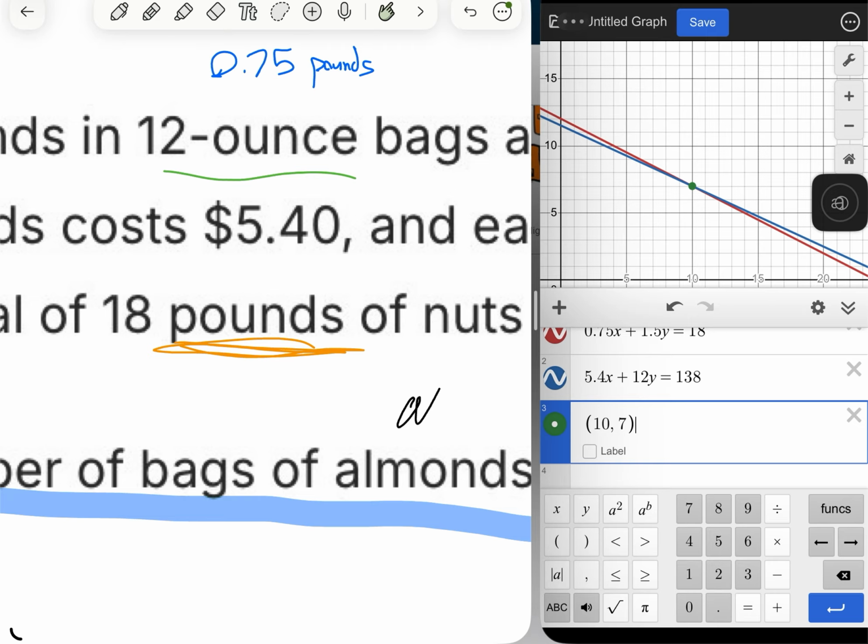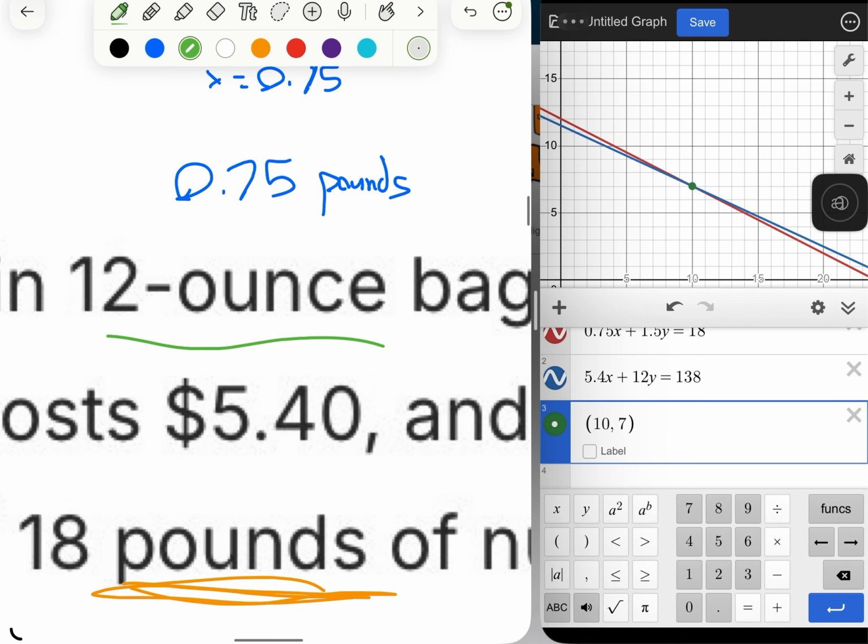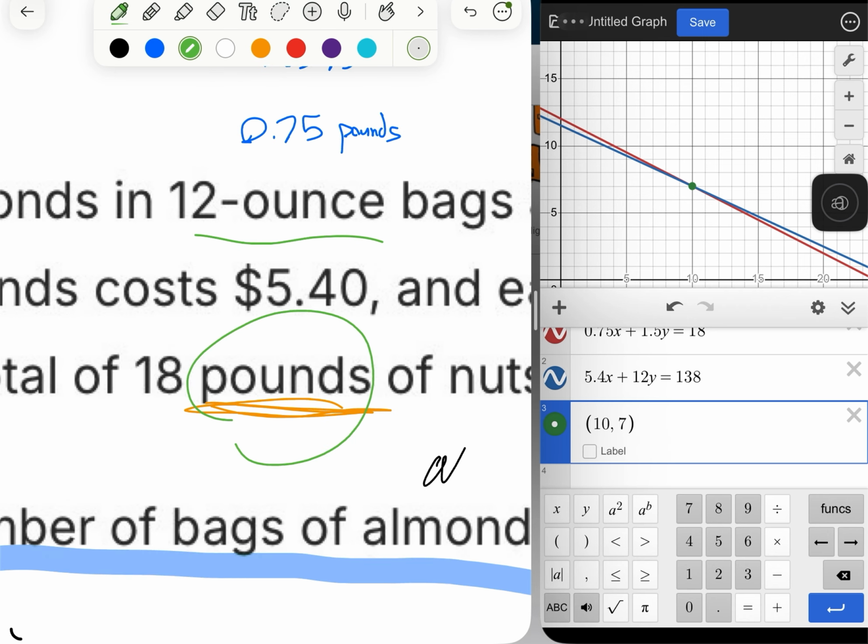Well, you know that you have to work towards creating an equation that has the same units as the total. So as a result, that's why I took this ounce here and converted it into pounds, because the total, remember, follow the total, was in pounds.